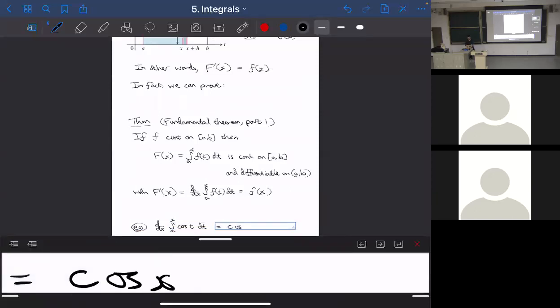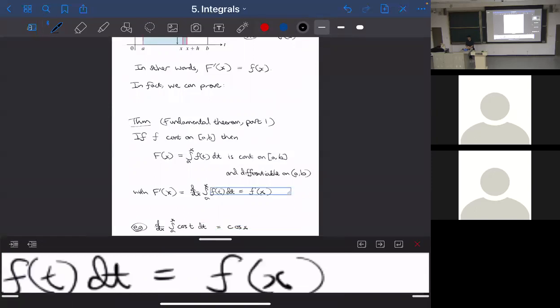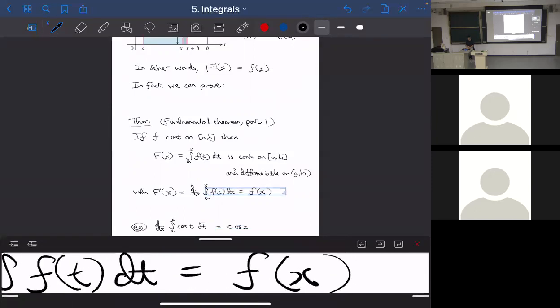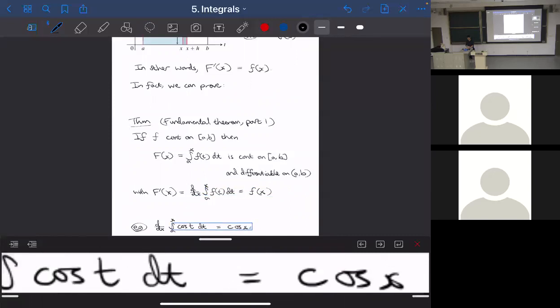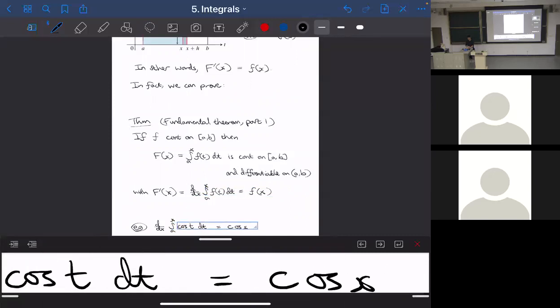So there I'm taking the function to be the function cos. So notice, as in the theorem, we have f(t) and f(x), and so in the same way we have cos t and cos x. So it's the same function, but with different variable names.